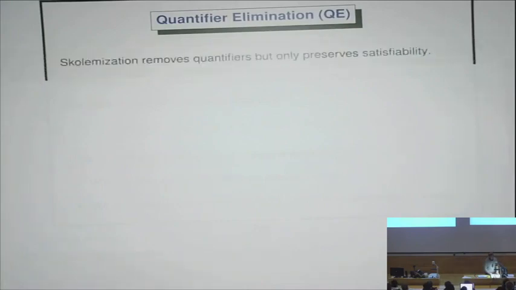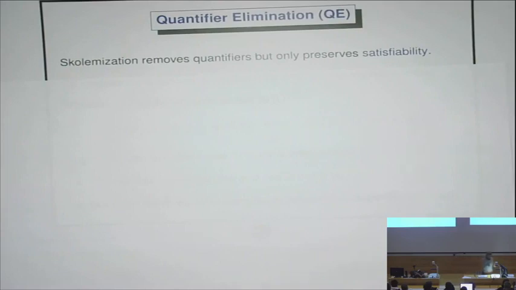It eliminates quantifiers. Now, actually, a lot of things we've seen already are concerned with getting rid of quantifiers. So Skolemization, when we skolemize clauses, we get rid of the existential quantifiers, and then because everything at that point is universal, we can throw away the universal quantifiers as well.